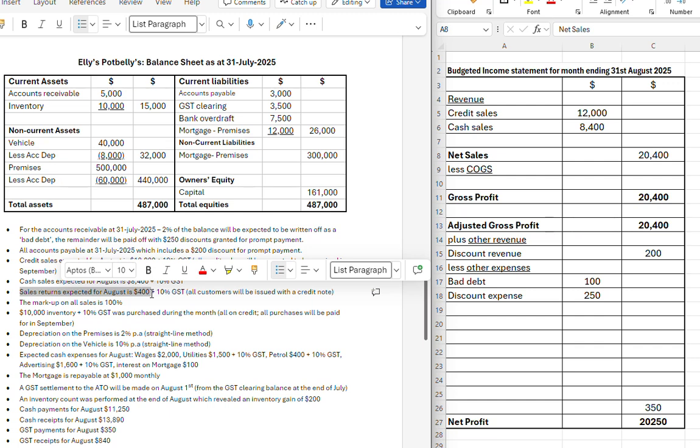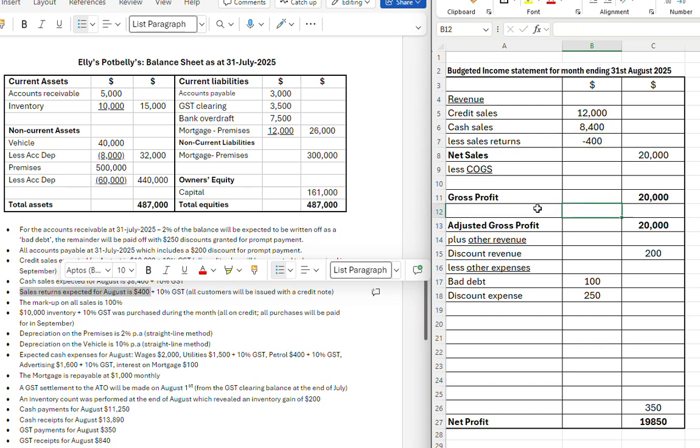It's a good KPI to look at in terms of customer satisfaction, so we're going to report that separately in the income statement, and it's going to reduce our net sales. So if we just tab under our cash sales here, we're going to write less sales returns, and we're going to enter this as a negative figure, 400.